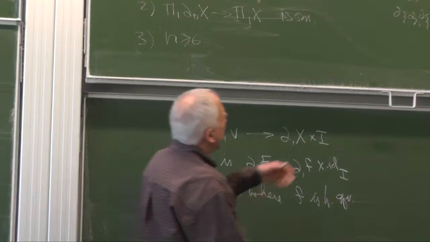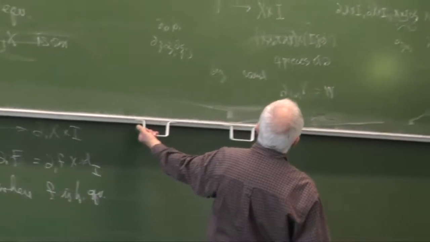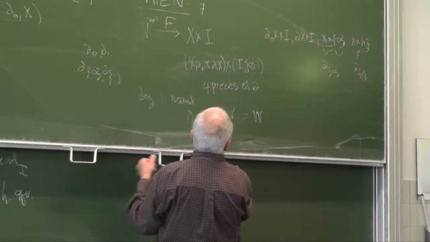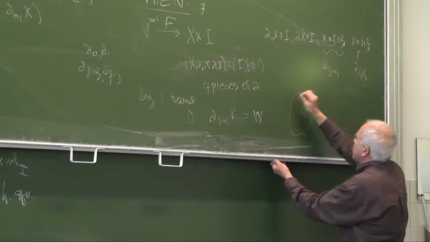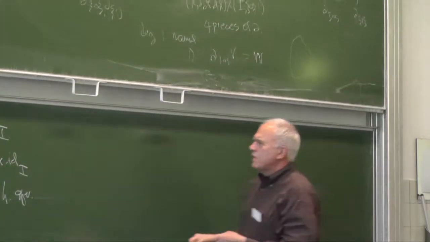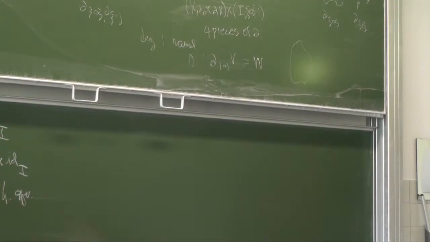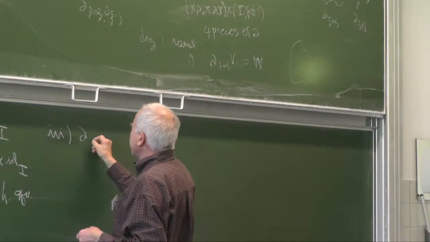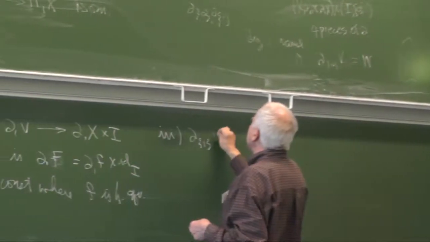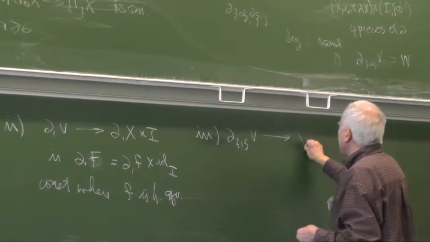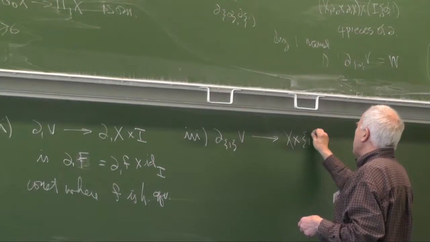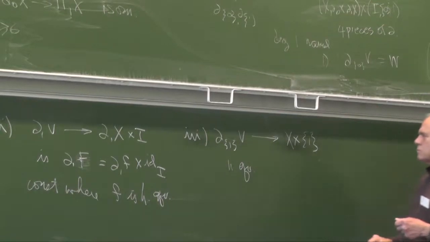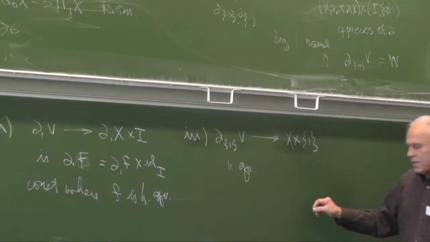I should be numbering these. So this thing, I'll draw the picture in a minute. Let me finish. Boundary 1 of V, that maps to X cross 1, is also a homotopy equivalence. Okay, so here's the picture.